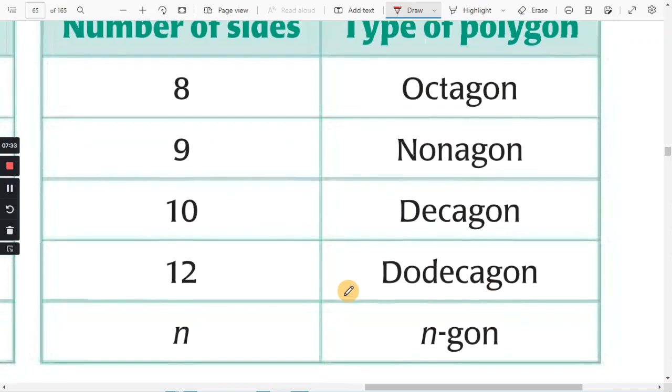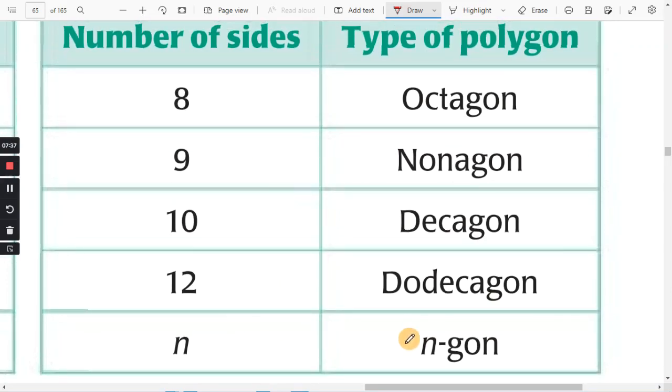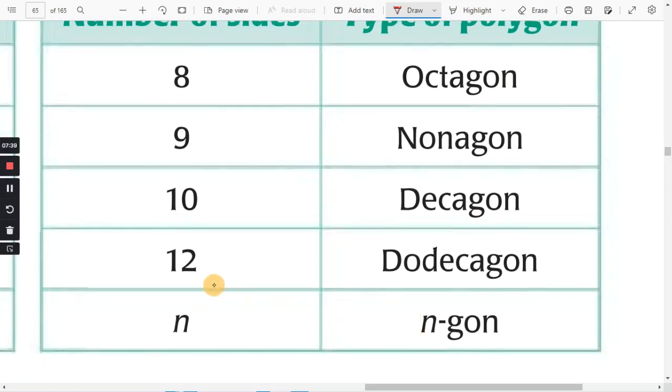And anything else, if you have an n number of sides, you can just call it an n-gon. In other words, let's say you had 17 sides, then you would just call it a 17-gon.